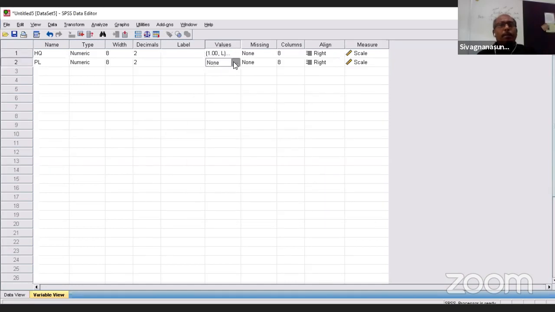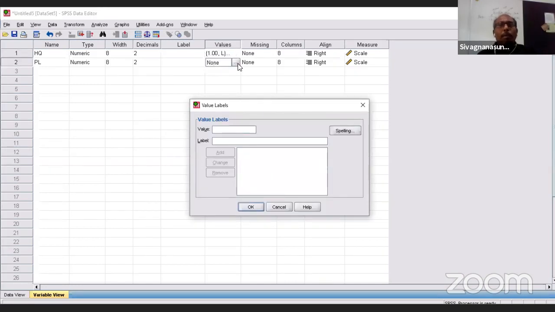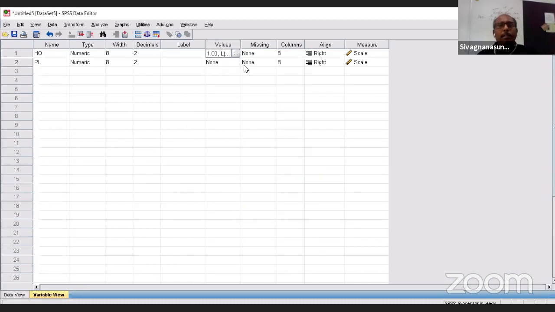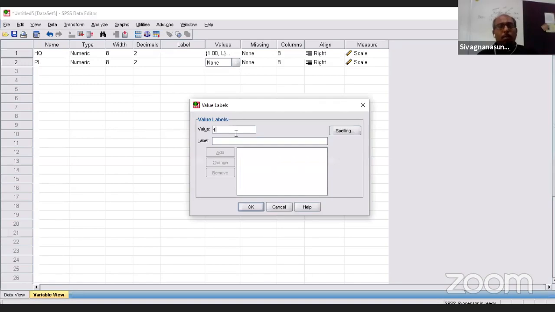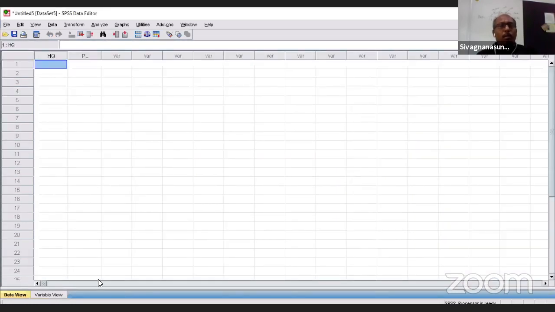Then similarly, poverty level 1 is low, 2 is high. Third variable is count.